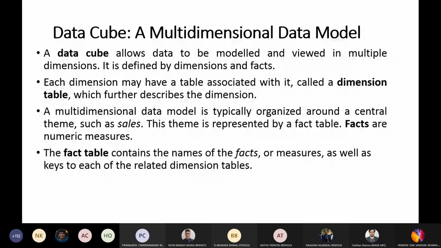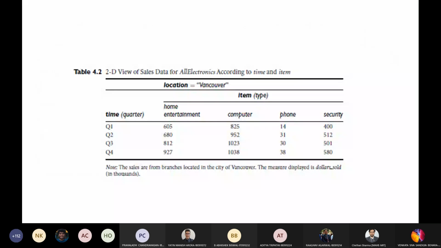Okay. So this particular table gives sales data of an organization called All Electronics, and it gives the sales data for items sold per quarter. That is, there are 4 quarters: Q1, Q2, Q3, and Q4.